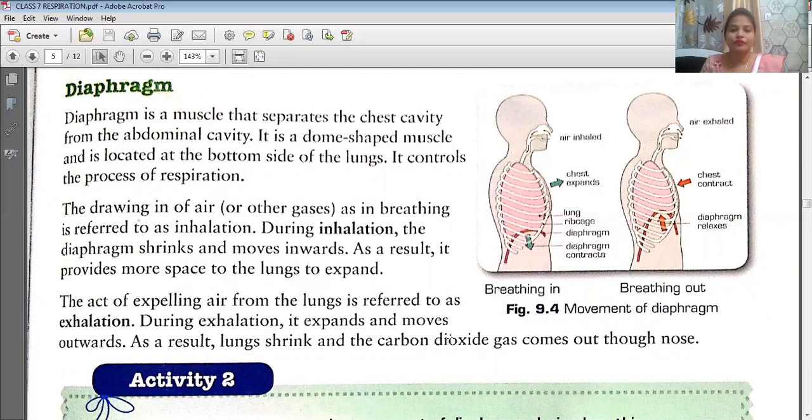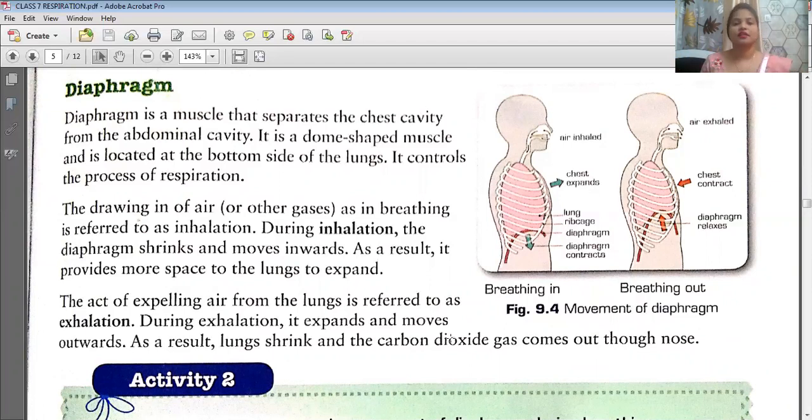After watching this video, sit quietly for a few minutes and observe your respiration. You will feel your chest and shoulders expanding. This is due to the diaphragm in our chest cavity. The diaphragm shrinks, space is created, and the chest expands. So in inhalation, our chest expands.